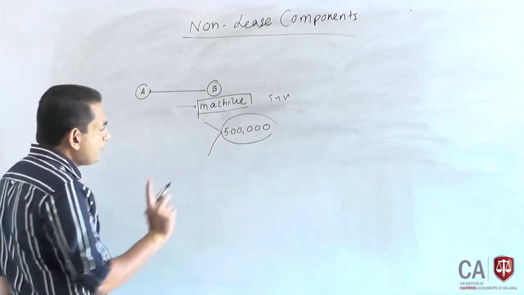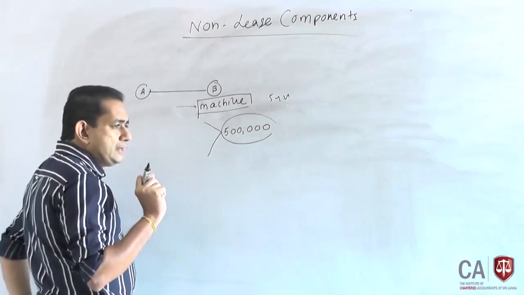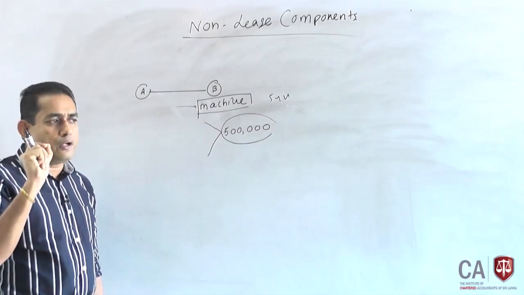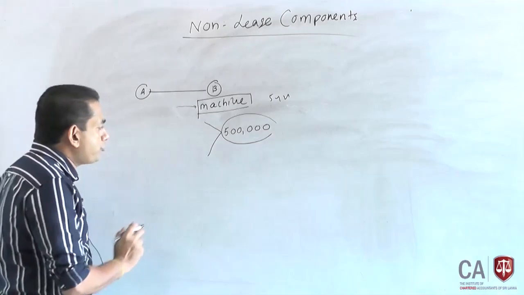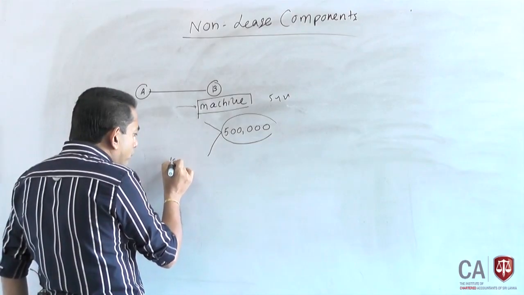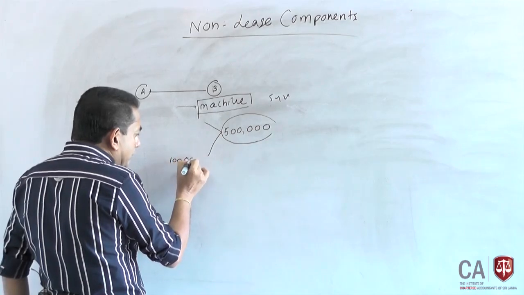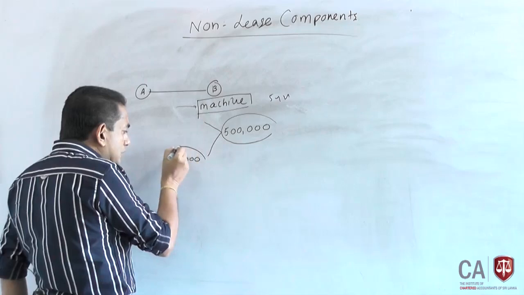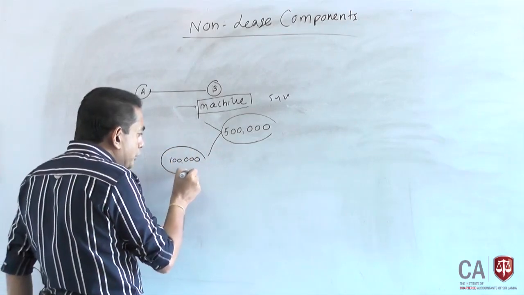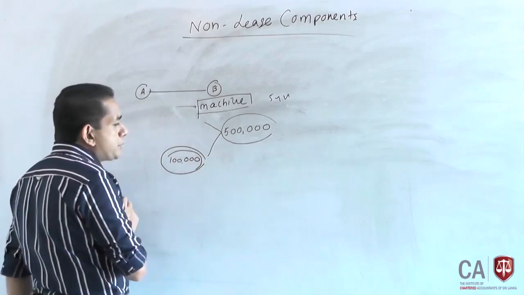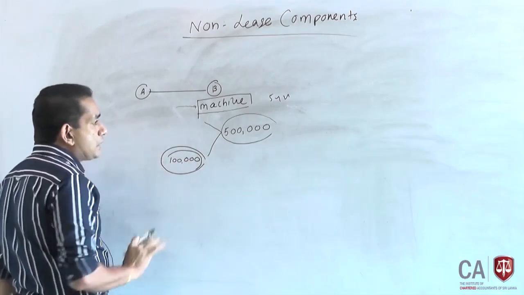Here, if you first look at the fair value of the non-lease component, if only the services are received from any supplier without the asset being purchased, in a standalone service providing transaction, the maintenance cost will be 100,000 rupees. This is the market approach.